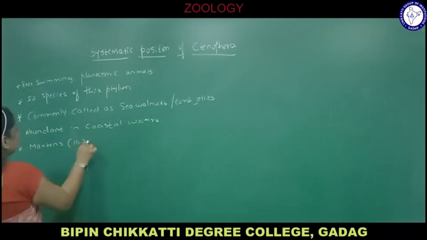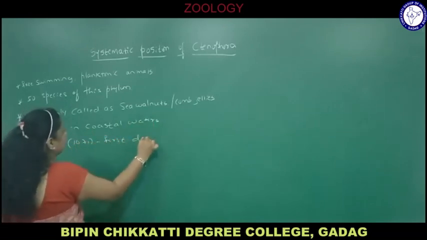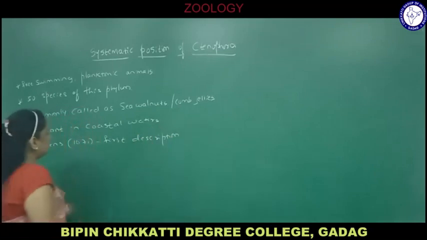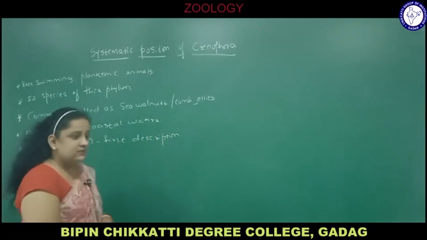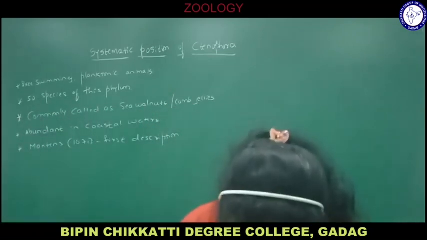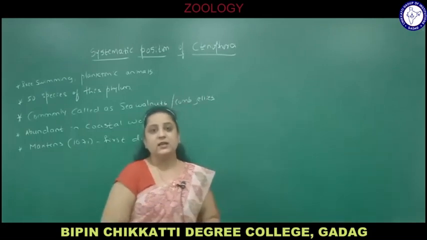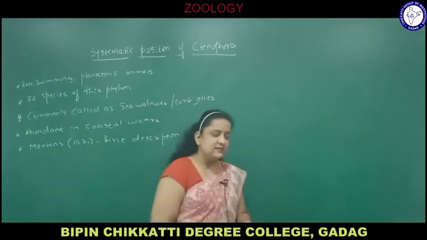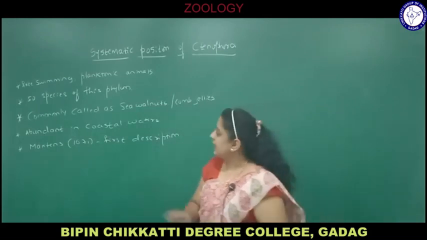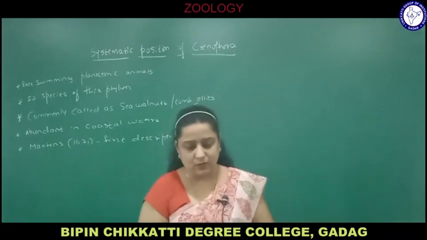It was Hatschek who put all the ctenophores under a distinct phylum. Many scientists classified organisms into different categories, and they placed this animal into a phylum called Ctenophora.